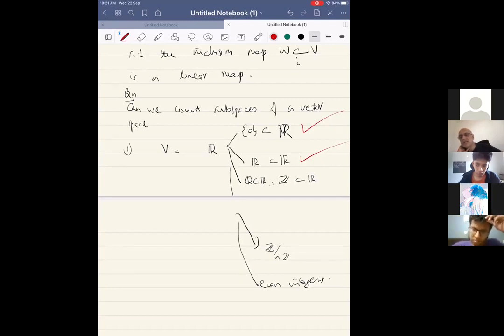So the rationals are not closed under scalar multiplication if the field in question is always real numbers. Now Z mod NZ, I don't even know how it's contained in the real numbers, so we will not even go there.